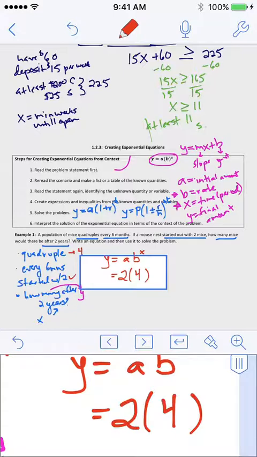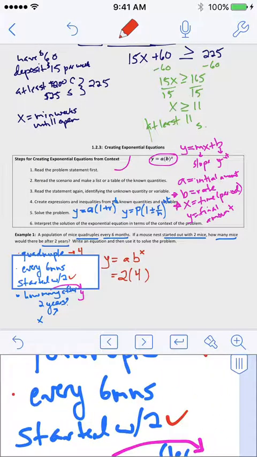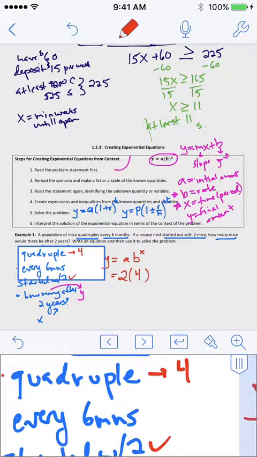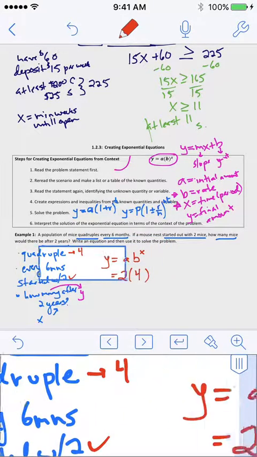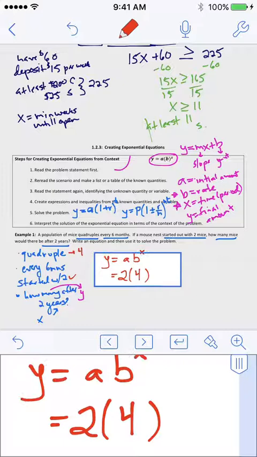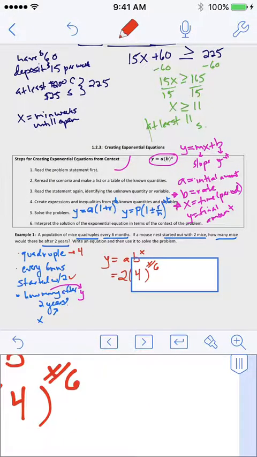Sounds good. Let's take a look at the time period now. Every 6 months. Now, in this general form, this is always in months or years. It's always in one of them. Okay? So if you have something happening every 6 months, then what you want to do is adjust your months by 6. So what I'm going to do is I'm going to call it x over 6.